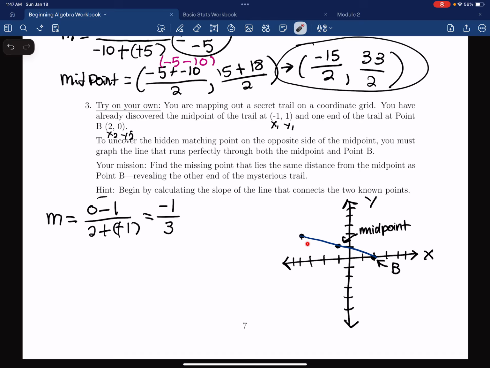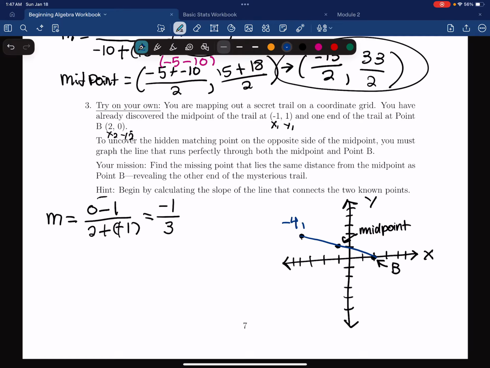So this point, well, that's going to be 1, 2, 3, 4, -4, comma, 1, 2, 2. And that's your missing point. So let's call this point, let's say it's point A. So our missing point, the other end of the trail, is at the point -4, 2. That's your answer.